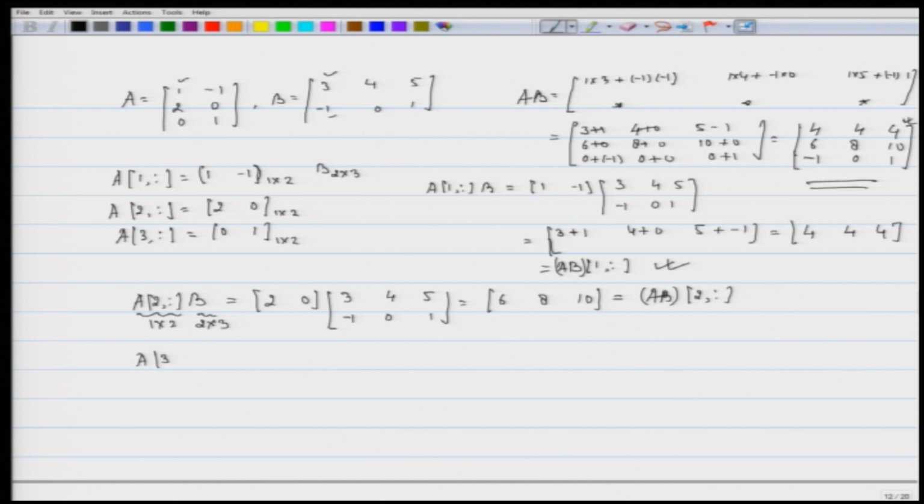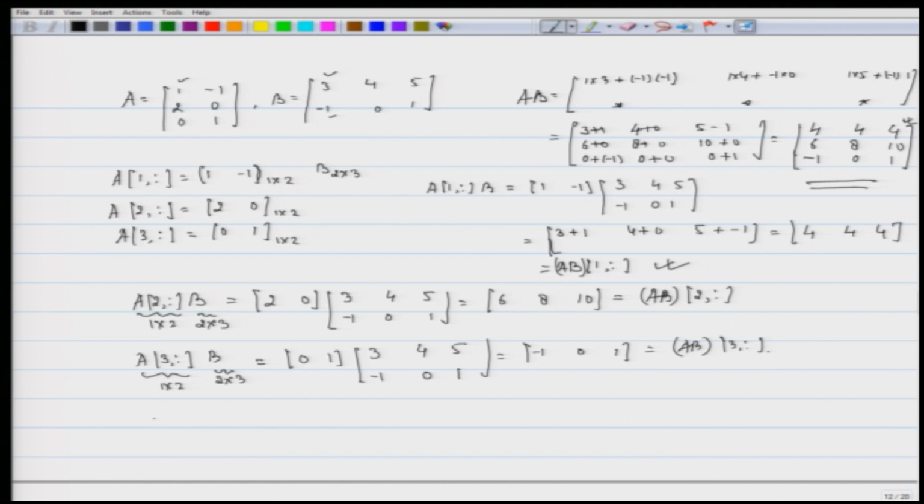Similarly, I can talk of this 1 cross 2 matrix again, and B is 2 cross 3. So, I can again multiply 0 1 times 3 4 5, minus 1 0 1, which is nothing but minus 1 0 1, which is the third row of AB.